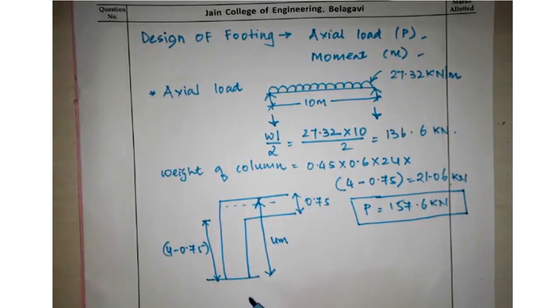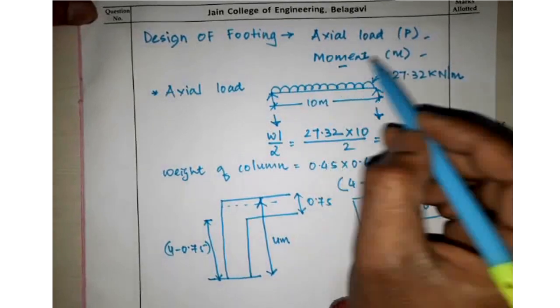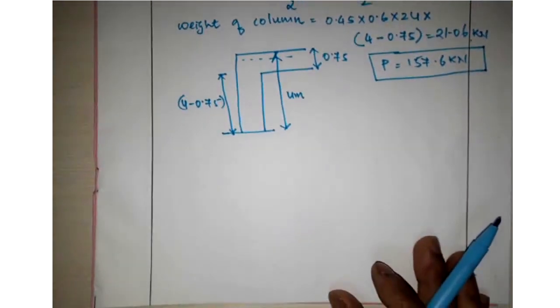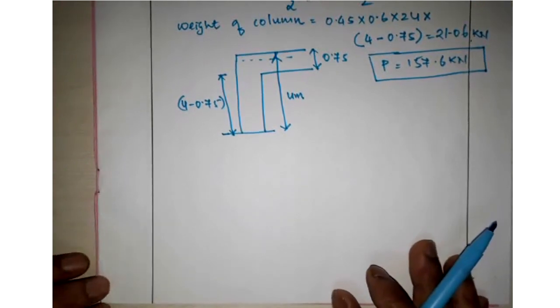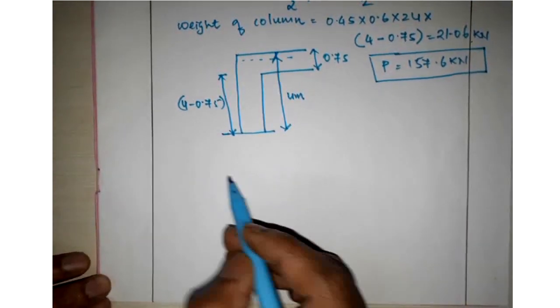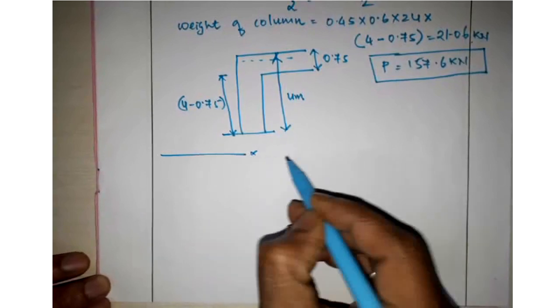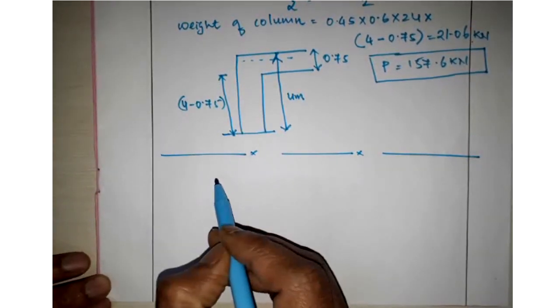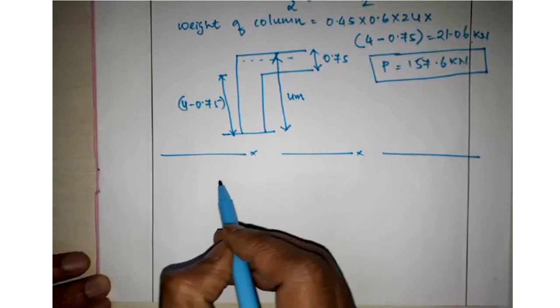Then what is next after getting the axial load? One more is the moment. For that again you have to refer to the previous videos. For P it is over. We have the moment acting over the column.